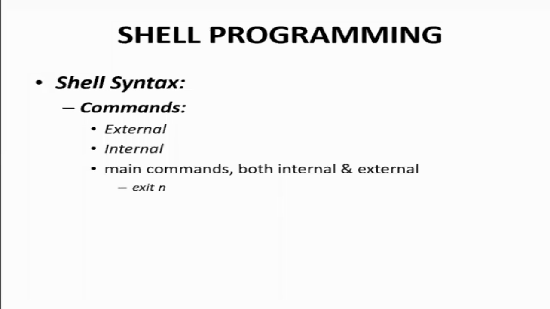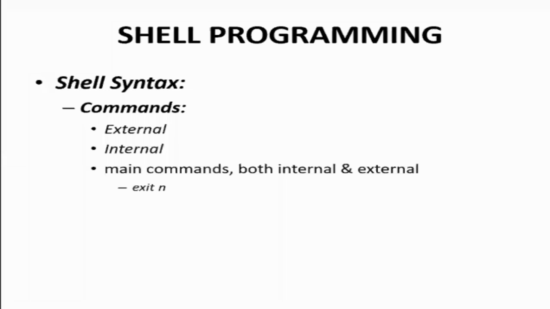That means the terminal will be closed if I specify exit at the command prompt. If we allow the user to write exit in the script, then the script will be terminated or exited.